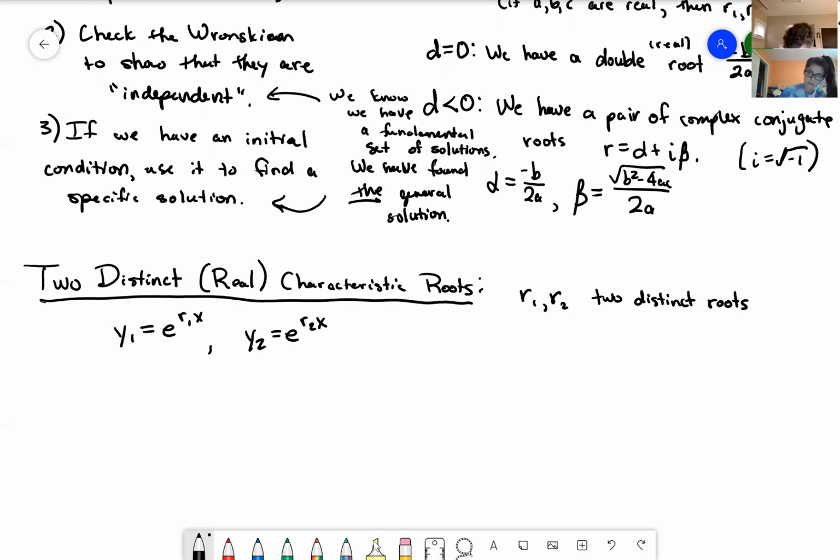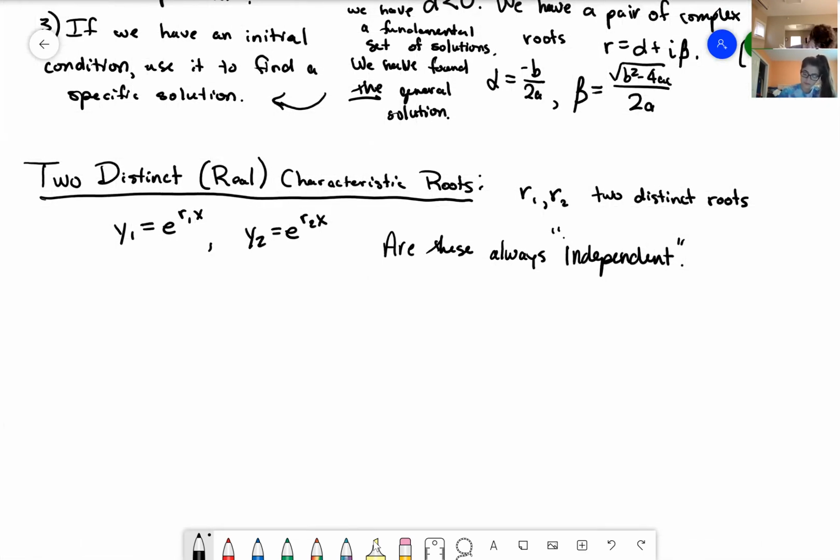Okay, now are these always guaranteed to be independent in the sense that we're using this word? Is the Wronskian always non-zero? Well, we saw yesterday, this example was y double prime minus 2y prime minus 3y equals 0.